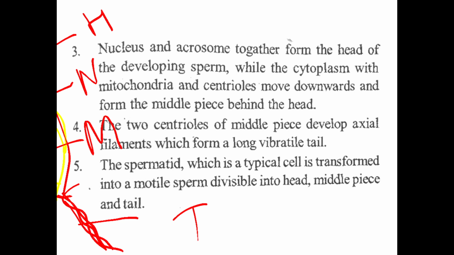The spermatid, which is a typical cell, rounded and big in size, is converted into a very small size and transformed into a motile sperm. Motile means movable, having the capacity to move from one place to another. It is divisible into head, middle piece, and tail.